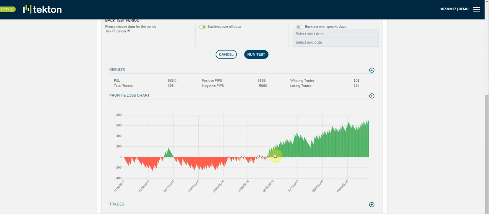So since September last year until today, that's made over 600 pips of profit. Had you run that live, you would have needed no input whatsoever, and it would have had a good outcome for you. So that's a real demonstration of how effective and how simple Trading Sites ATS is to use.